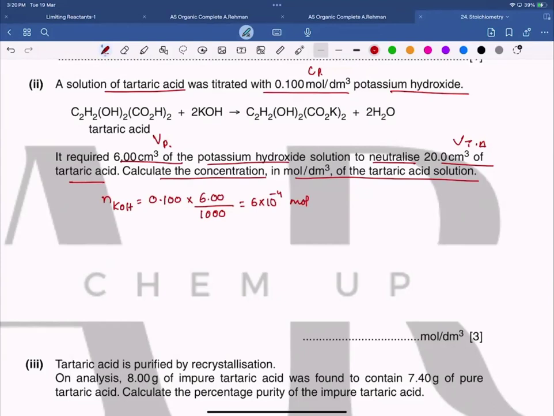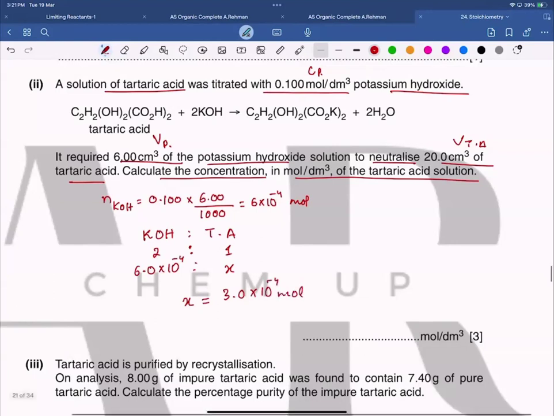Now, what I will do, I will do the ratio of potassium hydroxide with tartaric acid. If you see the ratio, 2 moles of potassium hydroxide react with 1 mole of tartaric acid. So if the moles of potassium hydroxide is 6.0 exponent minus 4, then the moles of tartaric acid would be x. And if you calculate x, it would be 3.0 exponent minus 4. So we got the moles of tartaric acid.